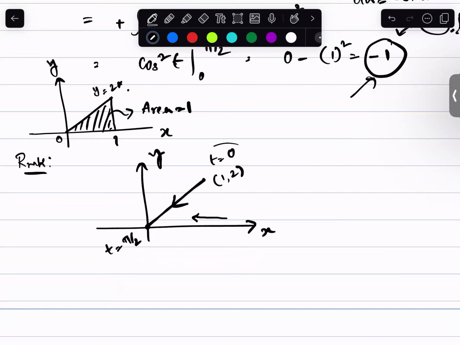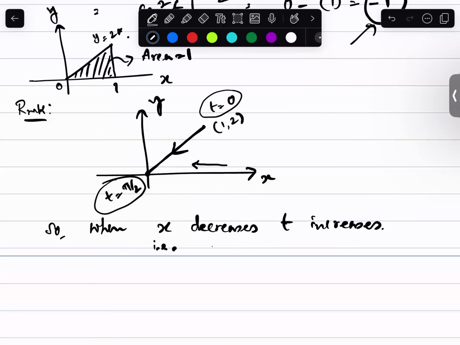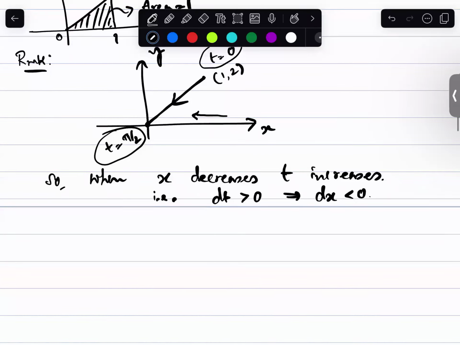Because t is going from t equal to 0 to t equal to pi over 2 at origin. So when x decreases, t increases, right? In other words, when dt is positive, then dx is negative. If I take a small nudge along the t-axis, then I'll get a negative nudge in terms of x.